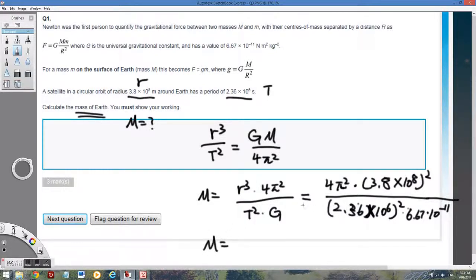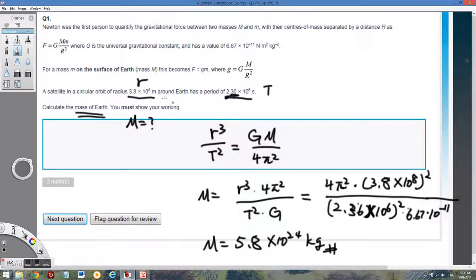Put it in your calculator and you will have the mass of the Earth in kilograms.